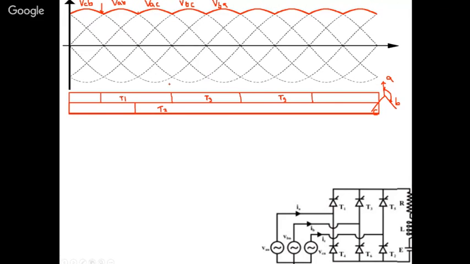Okay, one more thing you have to remember, this T1 and T4 will not be fired at the same instant. If it is fired, it will become a dead short. And we know that in the upper arm also, one thyristor is there, the next thyristor will be turned on after 120. That is, each thyristor in the upper group will be on for 120 degrees.